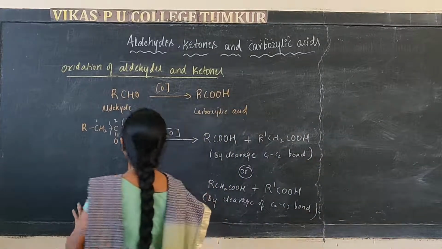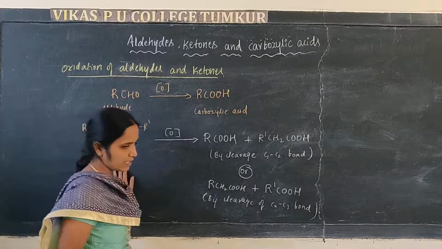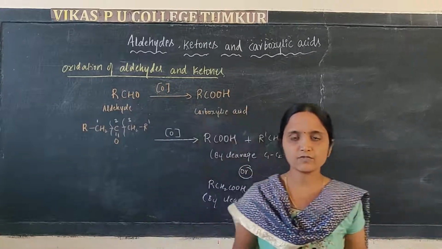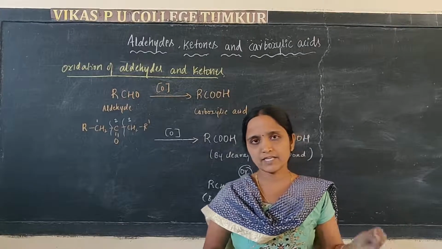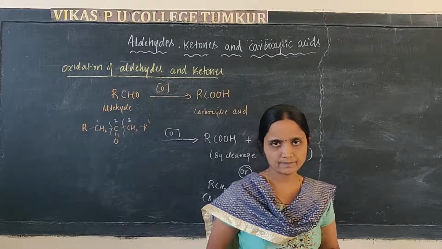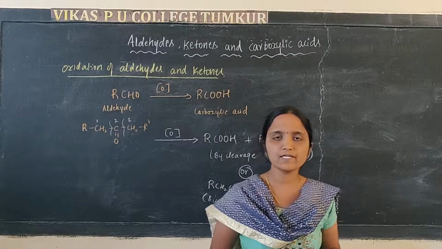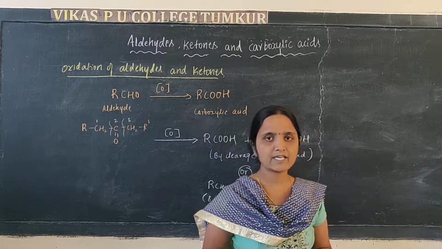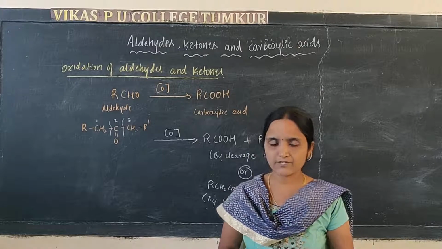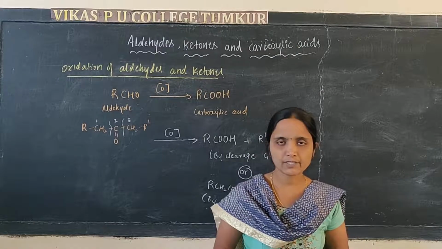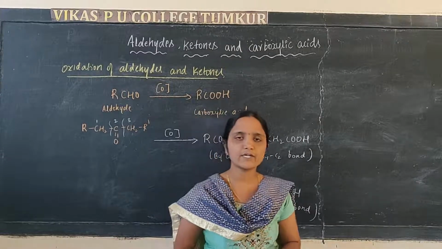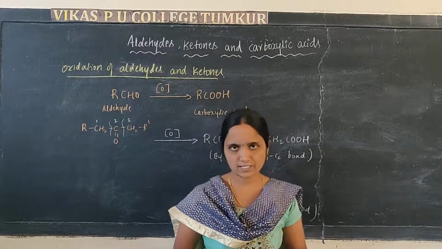This is about the oxidation of aldehydes and ketones. The aldehydes undergo oxidation. They get oxidized by strong oxidizing agents like K2Cr2O7 and KMnO4, and by mild oxidizing agents like Tollens reagent, Fehling's solution and Benedict's reagent.